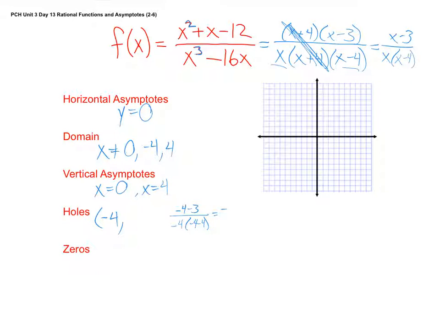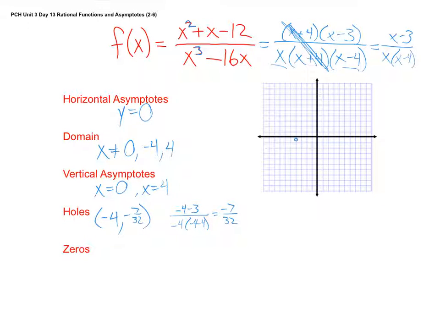So that's a -7 over -4 times -8, which is a +32. So that's -7/32. That's our hole. So I'm going to actually put that on here. -4, -7/32. So right about here. Let's make that a hole right there.